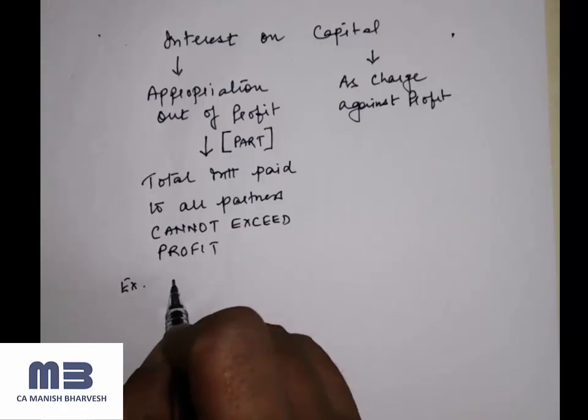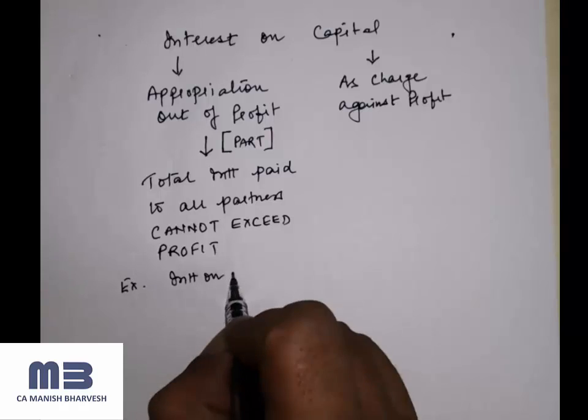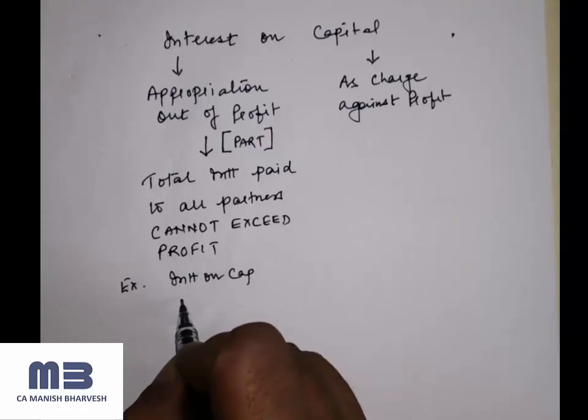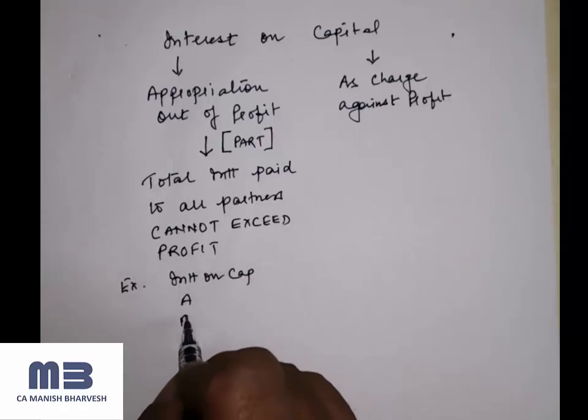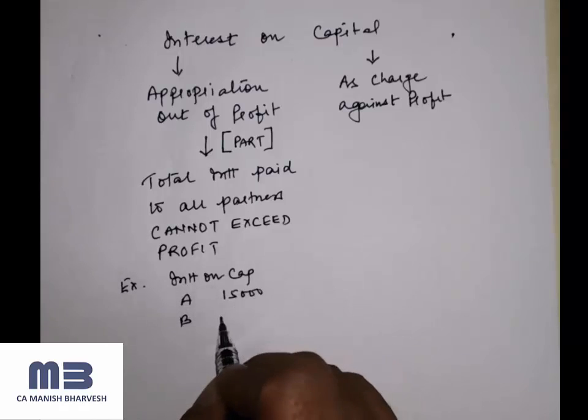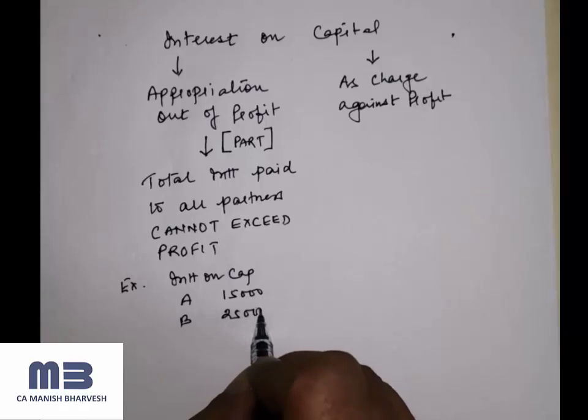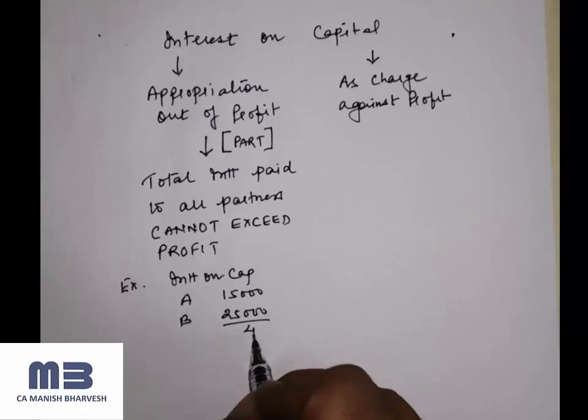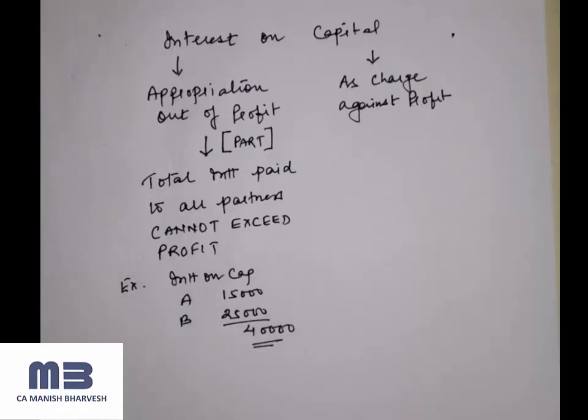For example, say interest on capital of A and B. There were two partners. Say it was 15,000 and 25,000. So the total interest payable was 40,000. And profit and loss account shows a balance of profit of rupees 30,000.